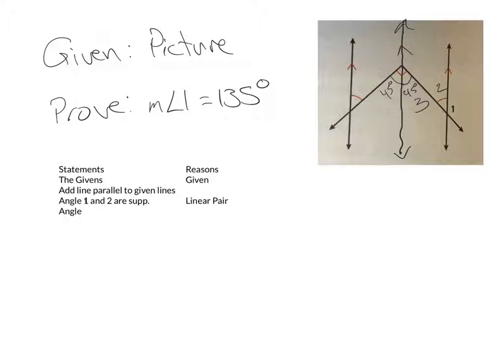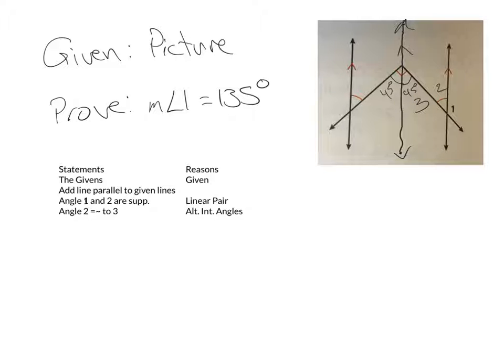Angle 2 is congruent, we'll say equal because I don't have a congruent button, equal to angle 3, and that's interior, or alternate interior, angles.